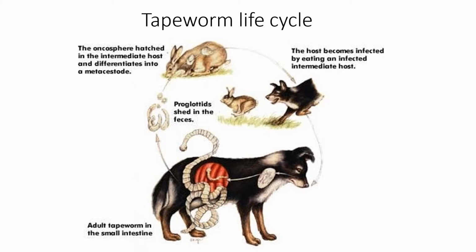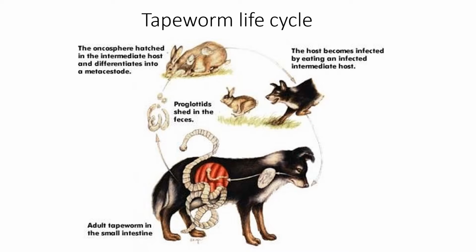Students, in this slide, I would like to show you the life cycle of a tapeworm. You can see here the oncosphere hatched in the intermediate host and differentiates into a metacestode. Then proglottids are shed in the feces, and they are outside.